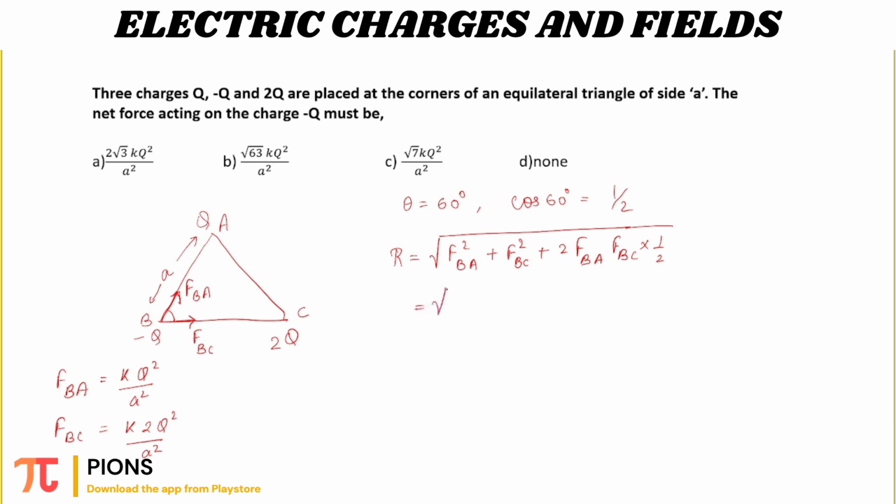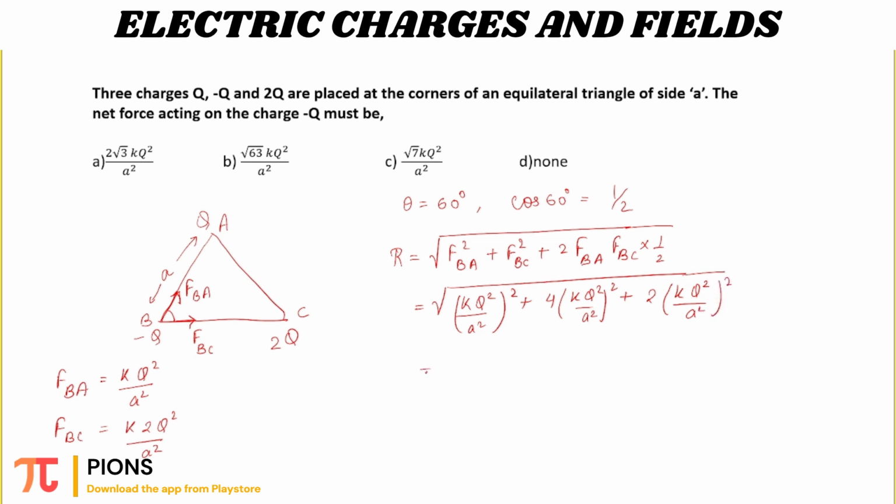So let's substitute these values over here. That will give us KQ square by A square whole square, plus FBC square, that will be 4 times KQ square by A square whole square, and plus FBA into FBC, that will be 2 times KQ square by A square whole square.